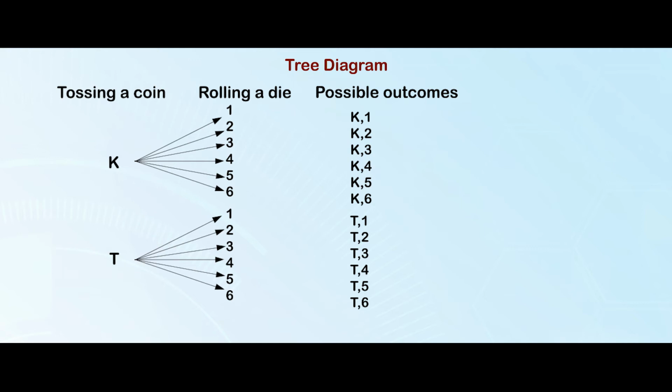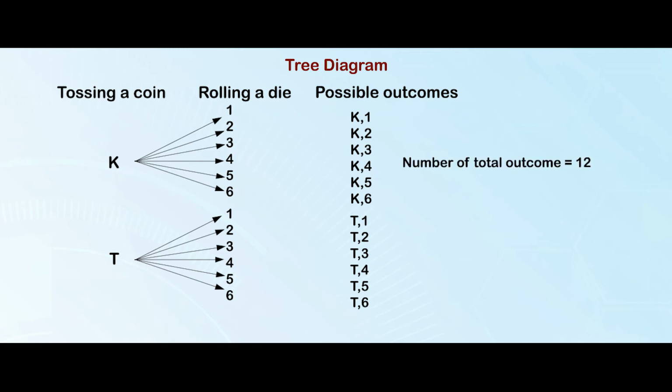There are in total 12 possible outcomes, which are kholo and 1, kholo and 2, kholo and 3, kholo and 4, kholo and 5, kholo and 6, tashitake and 1, tashitake and 2, tashitake and 3, tashitake and 4, tashitake and 5, and tashitake and 6. Next, list down the number of total outcomes.